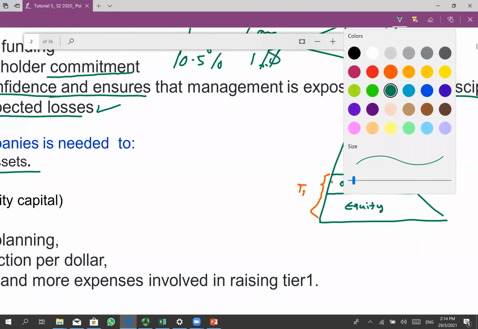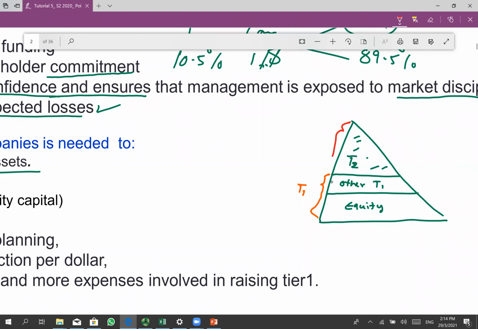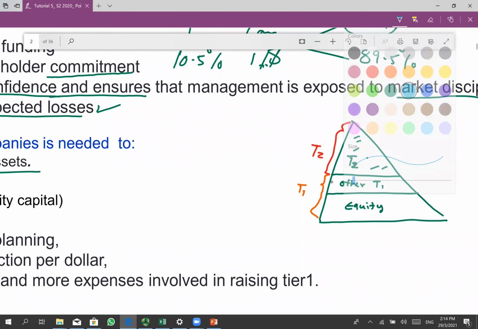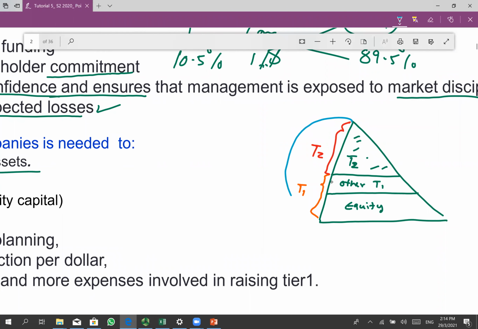I want you to look at it, there are 5 items. This is tier 2. And this one is called total capital. Now in corporates, we have only this one. Here, see, we have so many things coming in this pyramid.